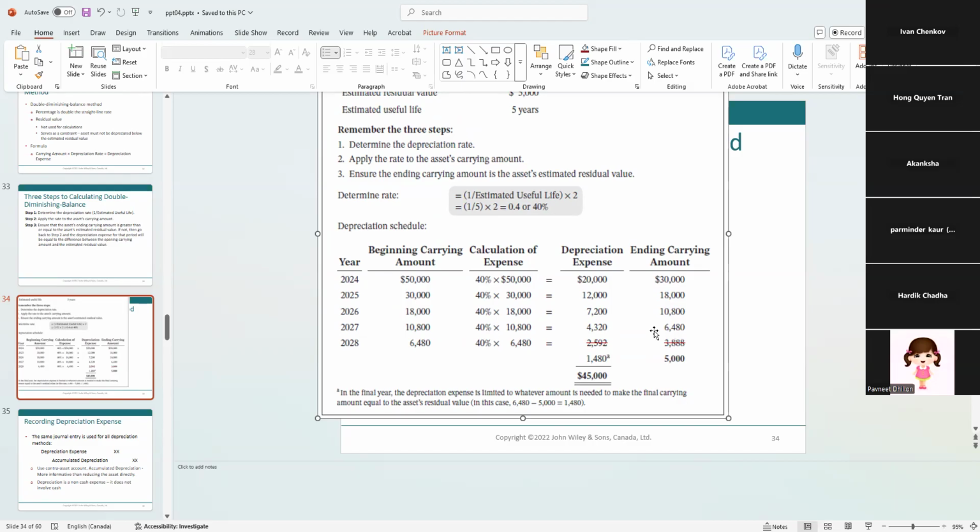The only way I have is to depreciate less than the formula shows me. So I'm going to adjust this amount to 1,480, and 6,480 minus 1,480 gives me exactly 5,000 as a carrying amount. And the depreciation expense will be exactly $45,000, which is what I want.